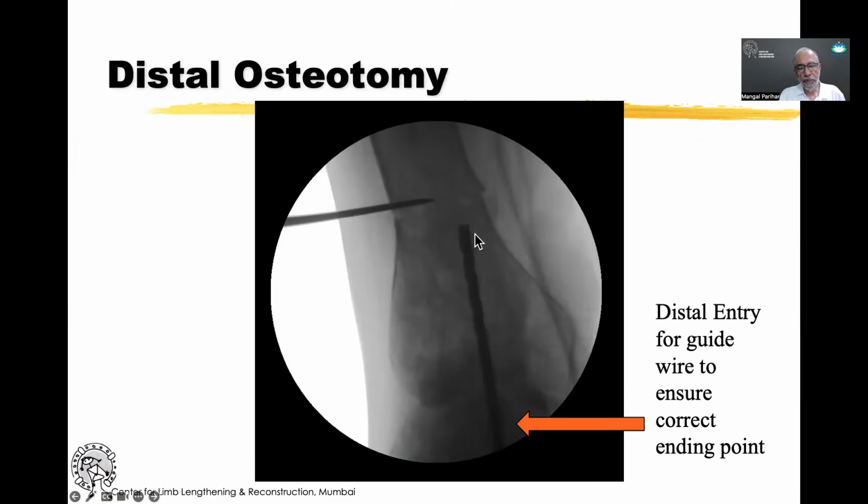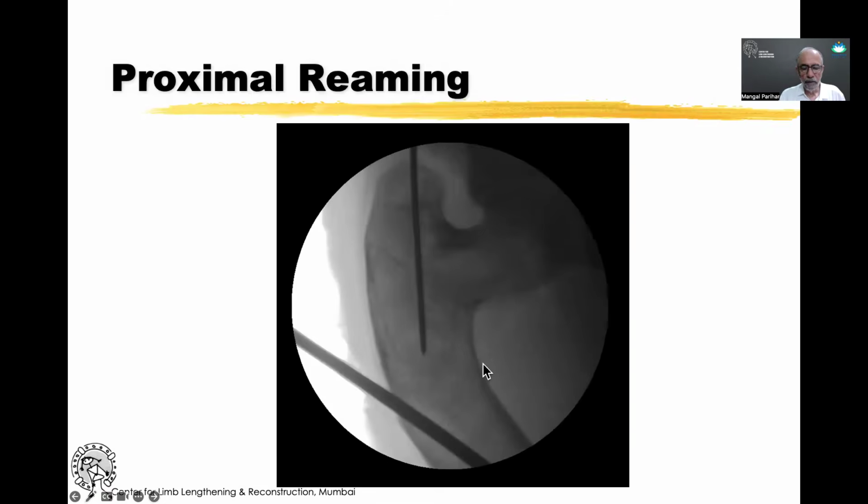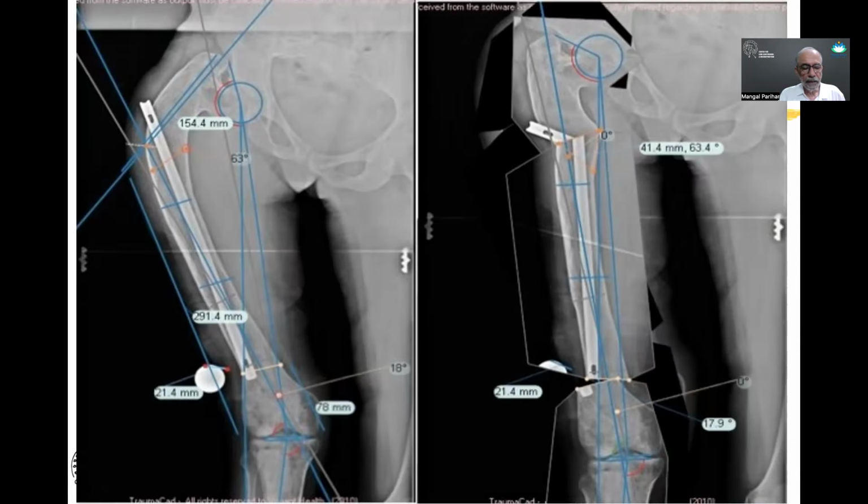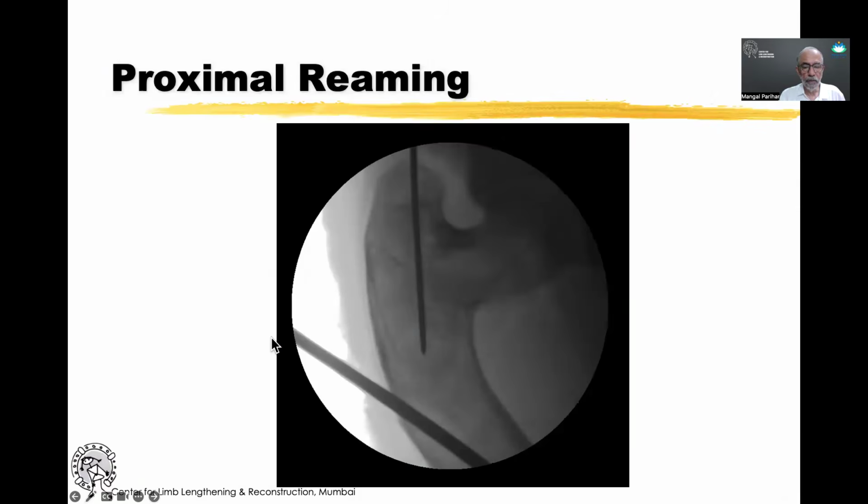And in this case, because there was fibrous dysplasia and there had been a nail inside, we made an entry through the distal femur for the guide wire so that the guide wire lands up in the correct center point. If I had gone from above, it is very likely that the guide wire would have just followed this same track and landed up on the lateral aspect. Now that would not allow for full correction.